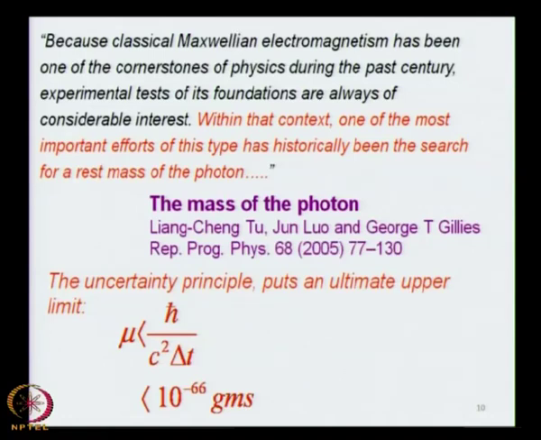So, if you consider the uncertainty between energy and time, then you will find that from the time uncertainty, which comes from the level widths of the excited states, from which there is a transition to a lower state and a release of a photon. If you take that as a measure of the time uncertainty, then the mass of the photon would be less than 10 to the minus 66 grams.